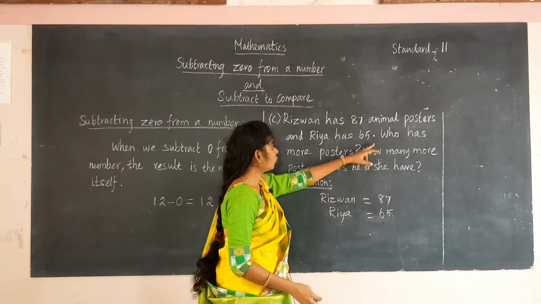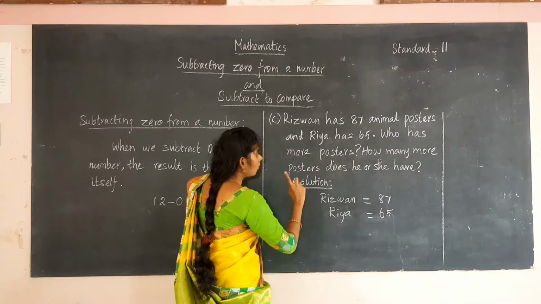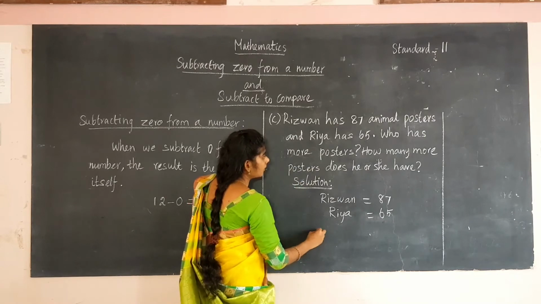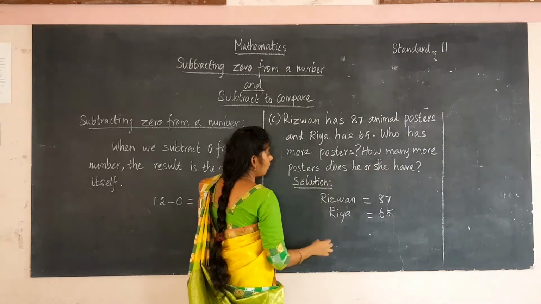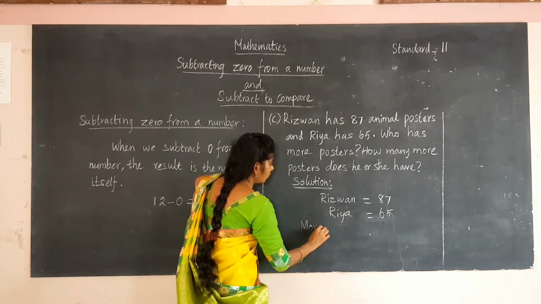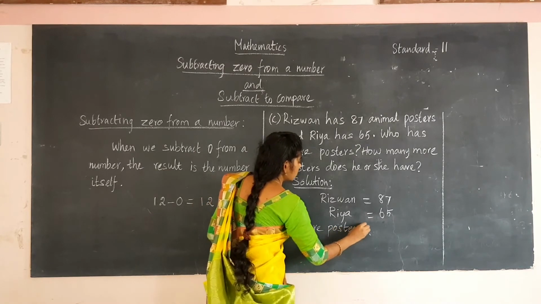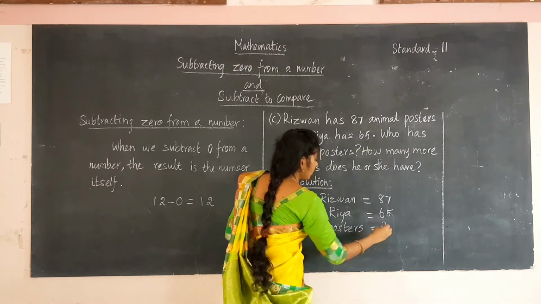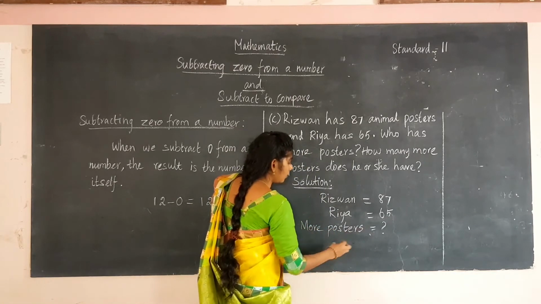And here we have to find who has more posters, and then how many more posters he or she has. We have to find the name as well as the number.